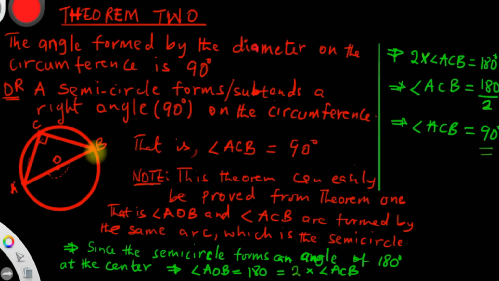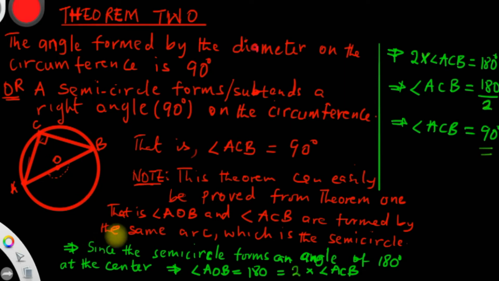From theorem 1, you know that the angle formed by an arc at the center of the circle is equal to 2 times the angle formed by the same arc on the circumference of the circle.